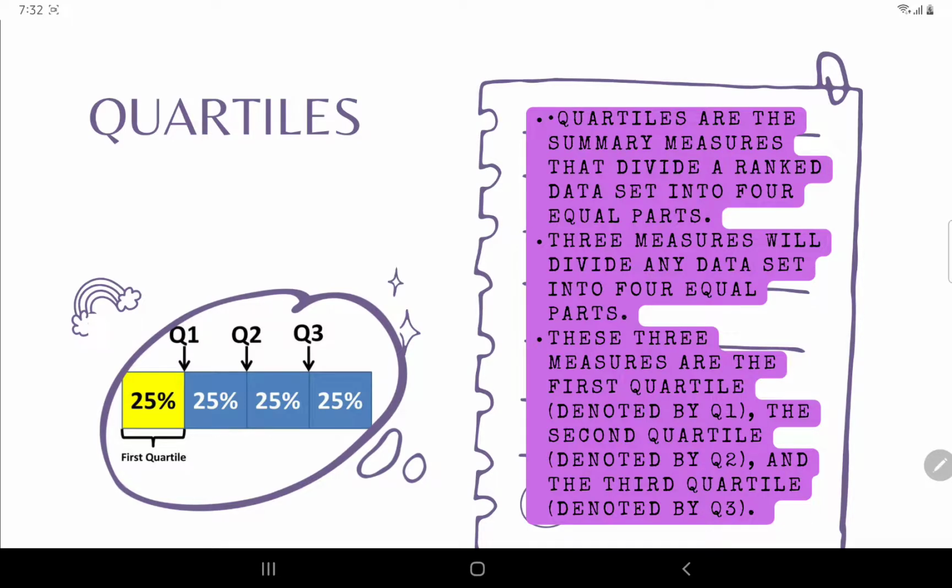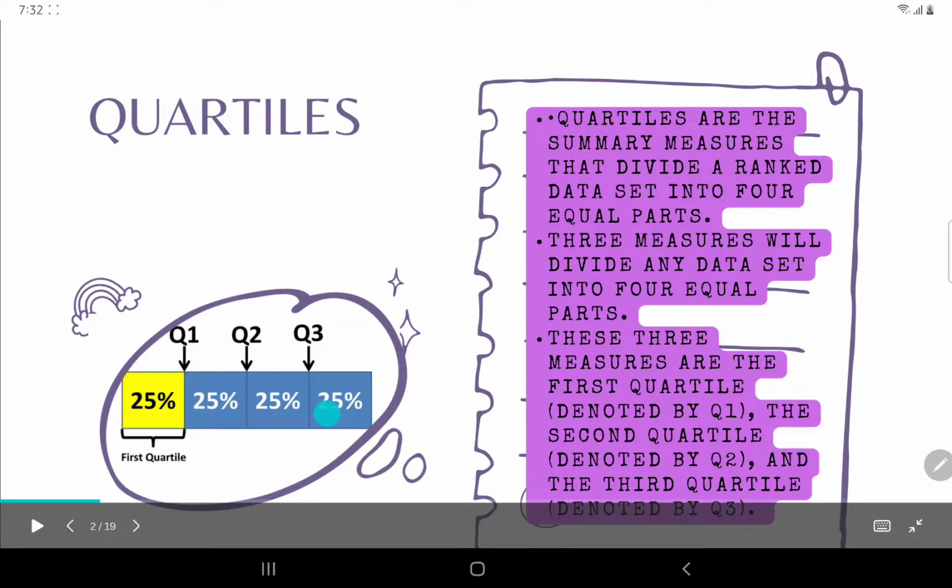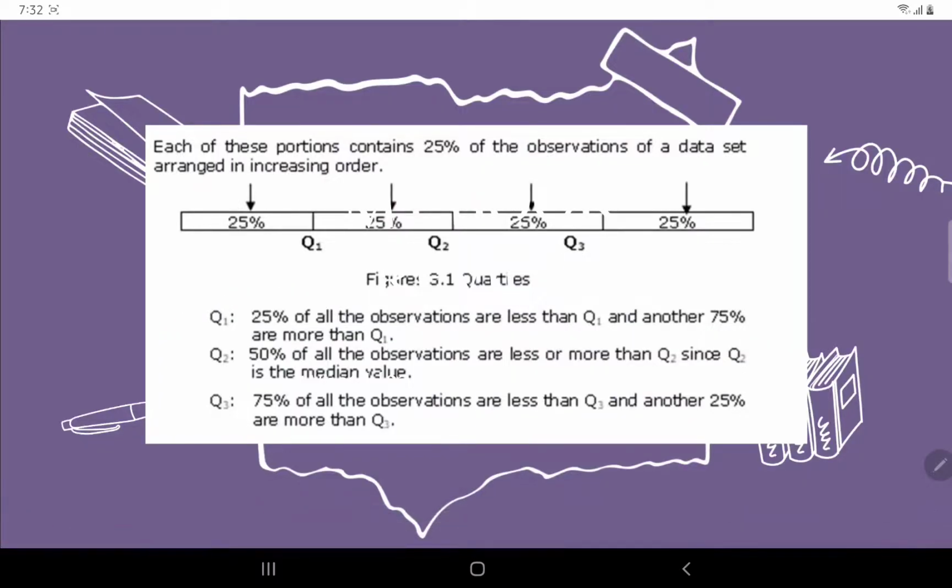So the quartiles are the summary measures that divide a rank into 4 equal parts. Each of these portions contains 25%, as I mentioned before, and it is arranged in increasing order.